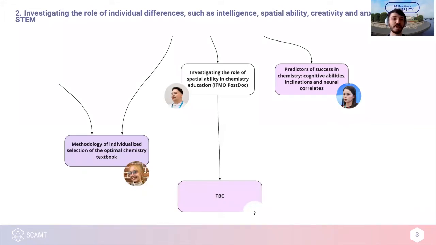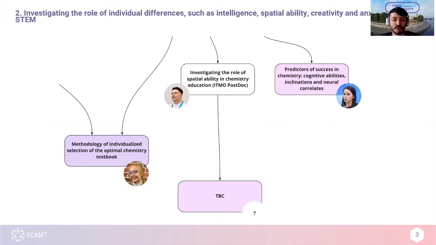And in that area, we have a very new postdoc who came from Sirius University of Science and Technology with his project investigating the role of spatial ability in chemistry education. Spatial ability is the ability to handle the spatial correspondence of different objects.